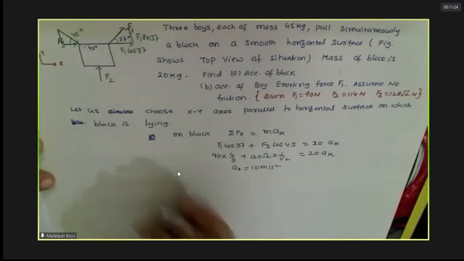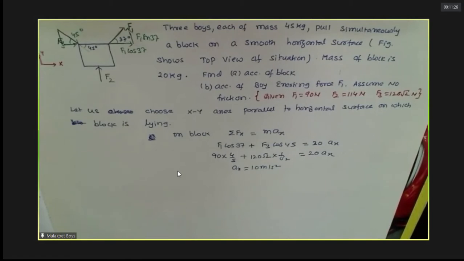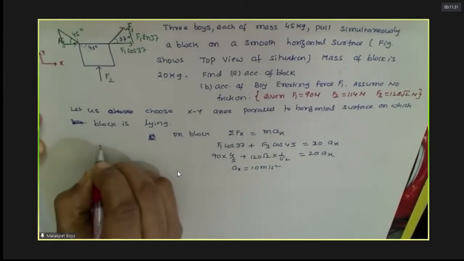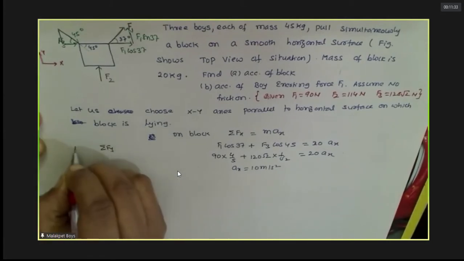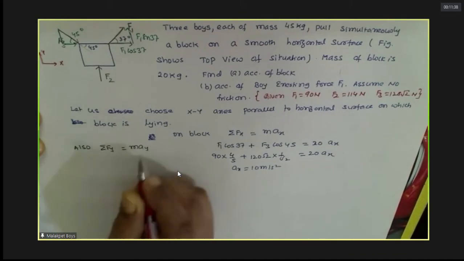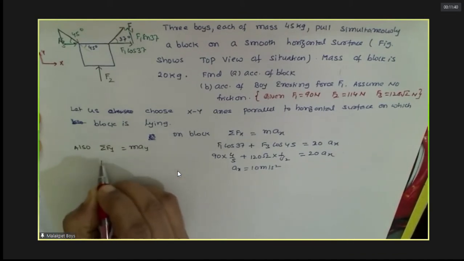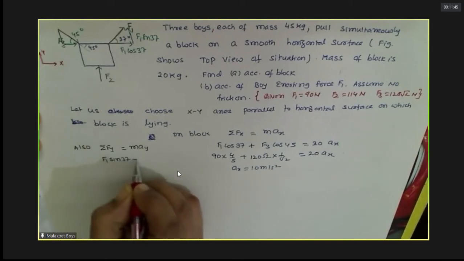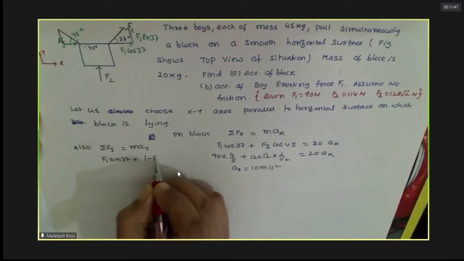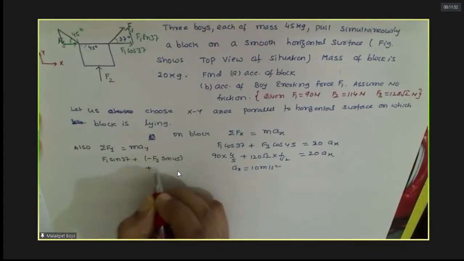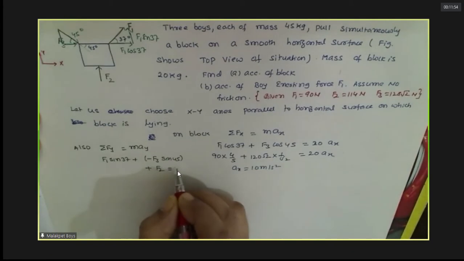Likewise, I can also apply sigma Fy equals m into Ay. Upward positive, therefore you take F1 sin 37 minus F3 sin 45 plus F2, equals mass of the block into Ay.